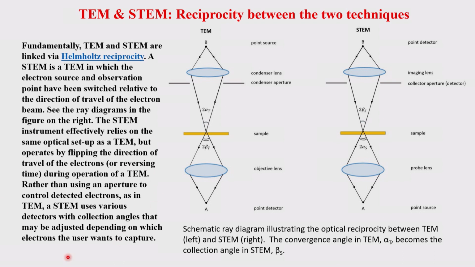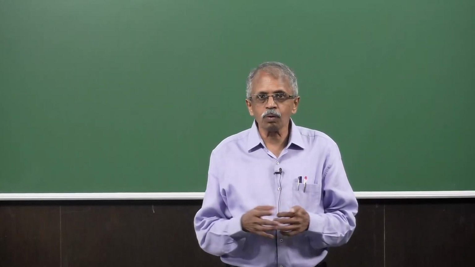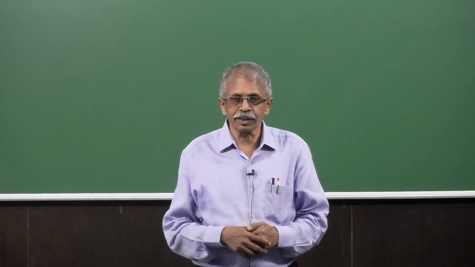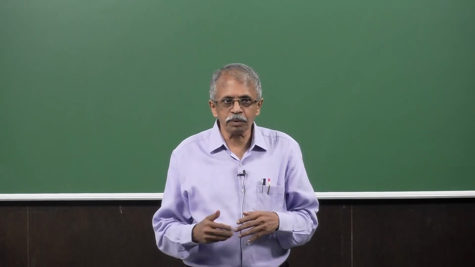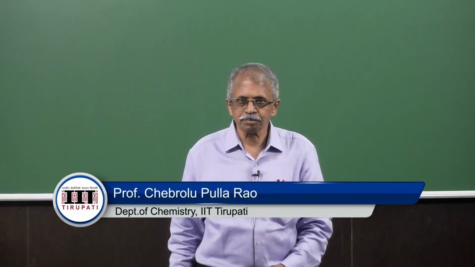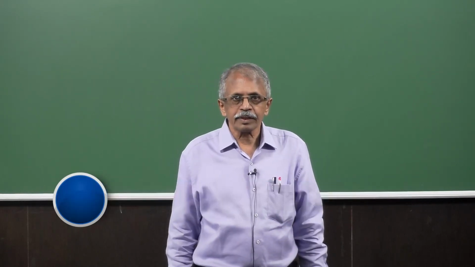So you can see all of these. In the next class I will take up examples of how these TEM samples can be analyzed and how they will help you in understanding, and once we complete that, we will focus on the SEM part of it. And thank you very much.